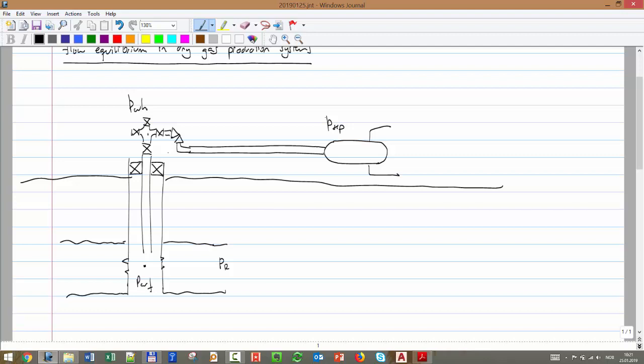The last part will be what happens when we have boosting. Boosting is becoming a more common strategy to produce more from the reservoir, so we want to see what happens with that. After that we are finished, and we have most of the tools we need for understanding field performance. This is the work we are going to be doing in the next week.